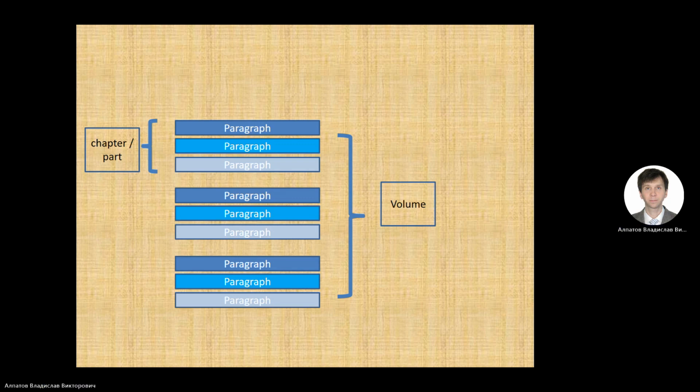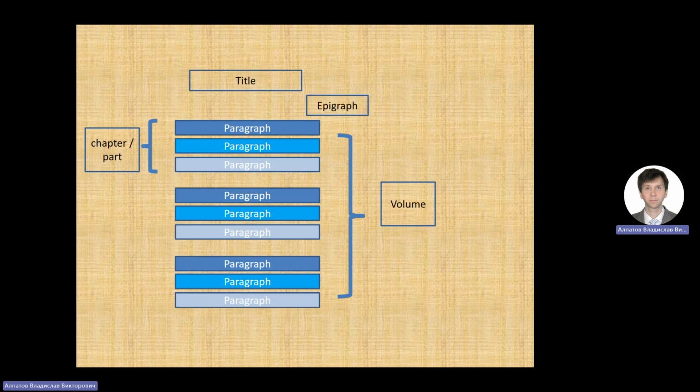Now, usually a text which is made up of several paragraphs, or of course, which is made up of several chapters, must have a title. A title, in a way, is also a prerequisite. It's a feature of a text. What else can a text have?